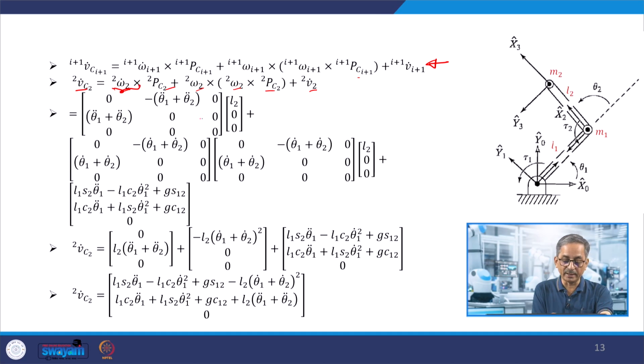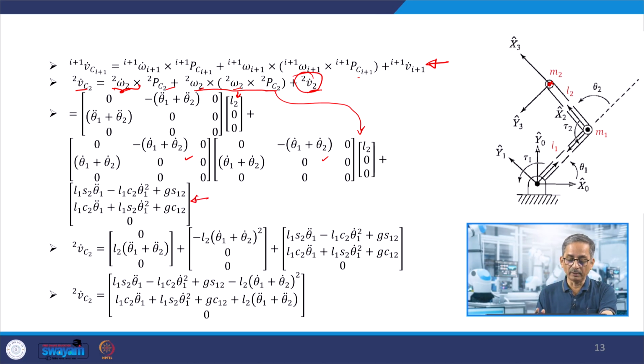I am writing this as the skew symmetric matrix here, and this Pc2 expressed in terms of the second frame. Because of the point mass assumption, the CG of the second link is at this point, that is at L2 here. So, this is how this comes. Then I write these terms: this skew symmetric matrix, again this skew symmetric matrix, and this term. And this V22 derivative is this term basically.